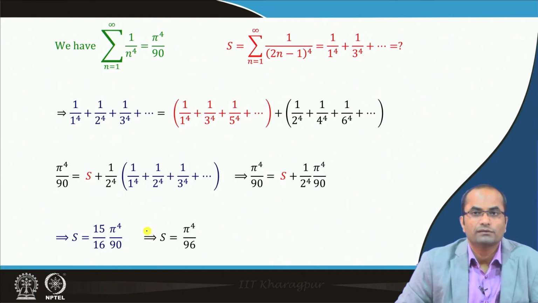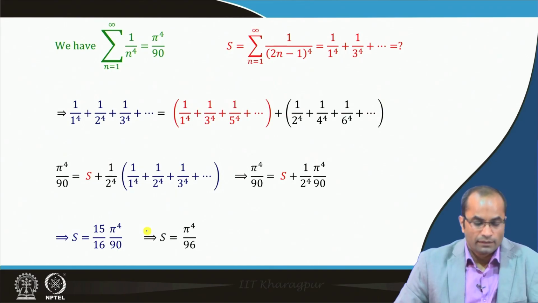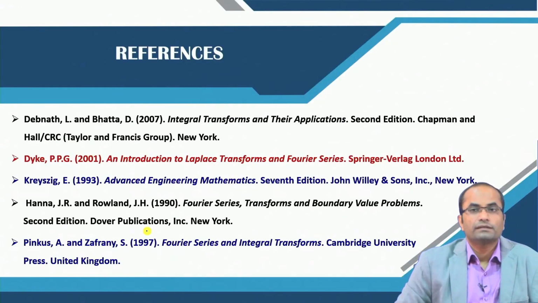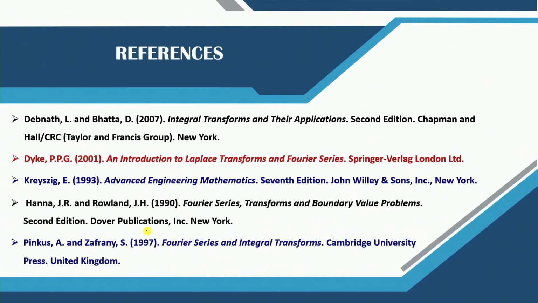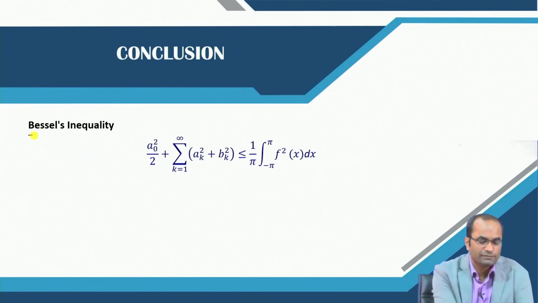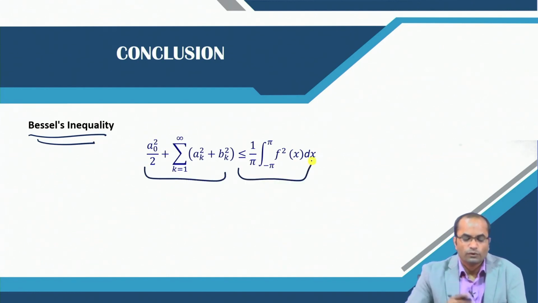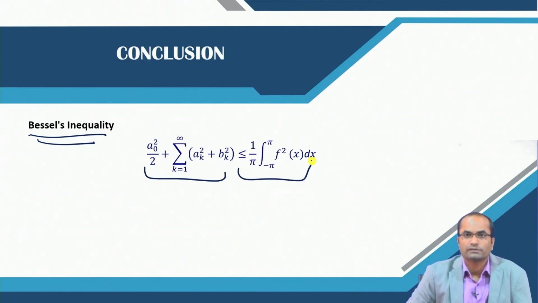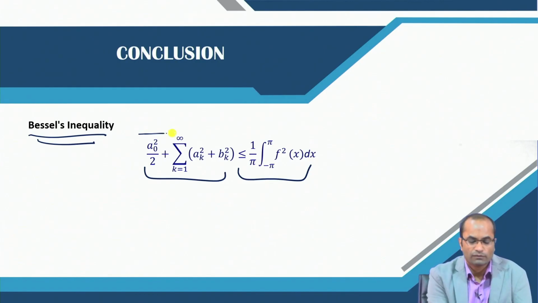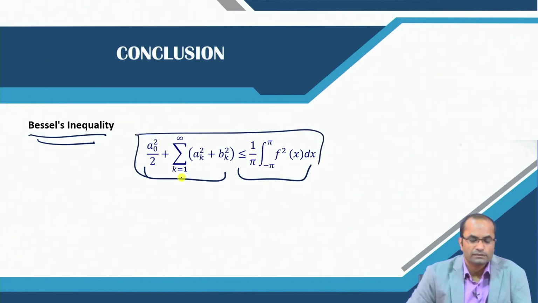Again using this Parseval's identity we can do many more complicated sums. These are the references we have used for preparing this lecture, and just to conclude, we have discussed Bessel's inequality first, which was a trivial result following from the integral of the square, which is always non-negative, and then with simple calculations we obtain this inequality, which is known as the Bessel's inequality.